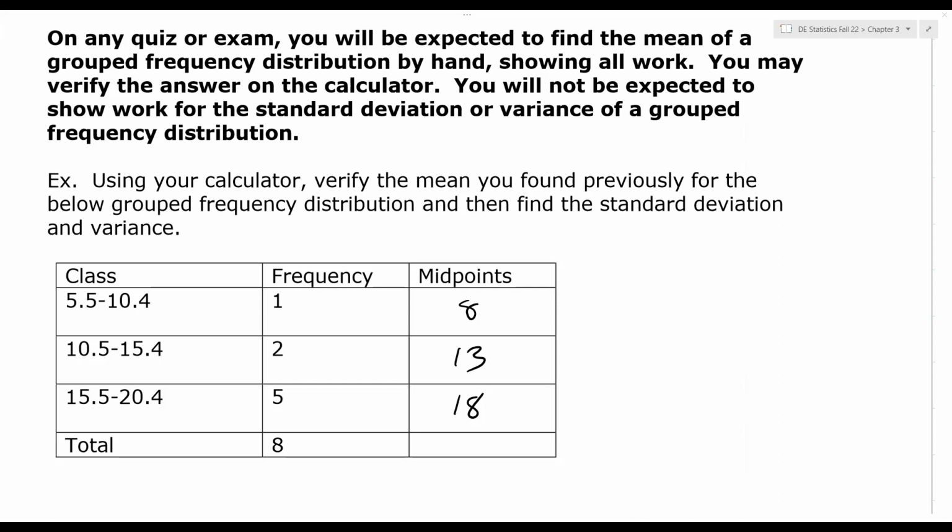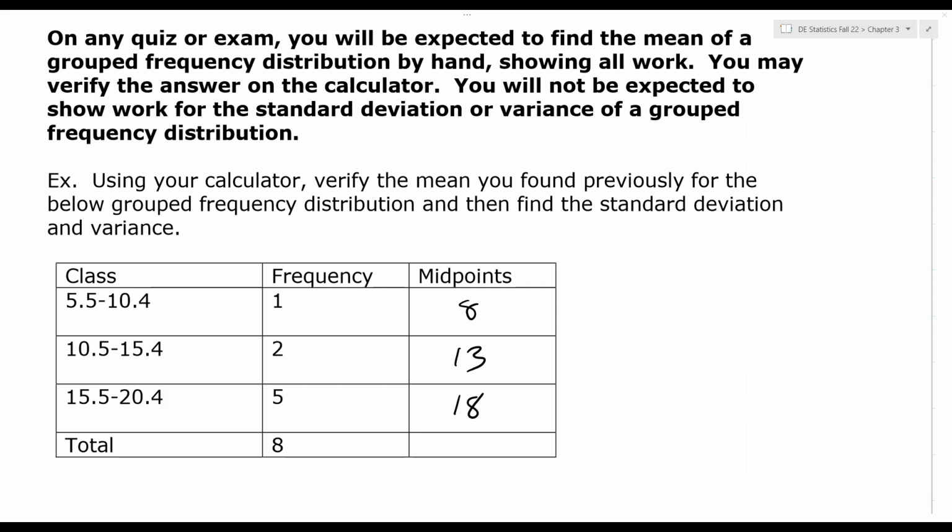So I put our midpoints into list 2. So I need to get rid of this list 1 here, and I'm going to put L2. This next one that has been blank when we were dealing with raw data is our frequency list. It is the list where we put all of our frequencies. I put that into list 1. So make sure we get L1 there.